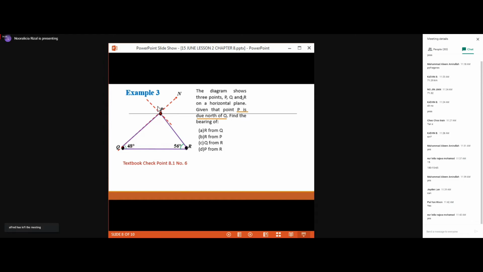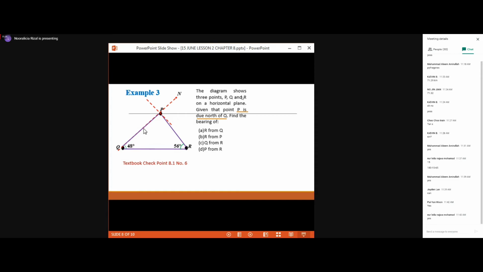The north line is pointing to P because the statement says P is due north of Q. I just drew the 4 quadrants so you can really understand. That's why I say sometimes the north is not vertical. It can be any other direction, but it is still north. So bear in mind the north is this way.